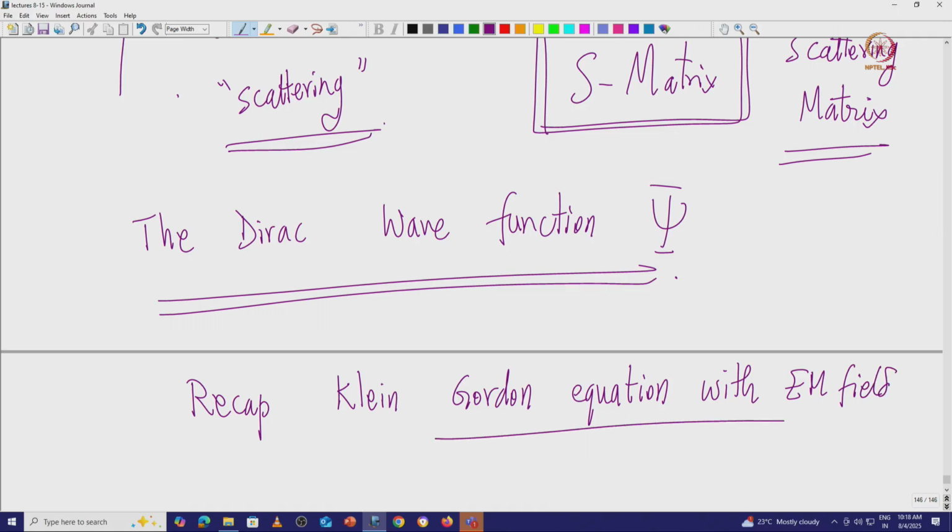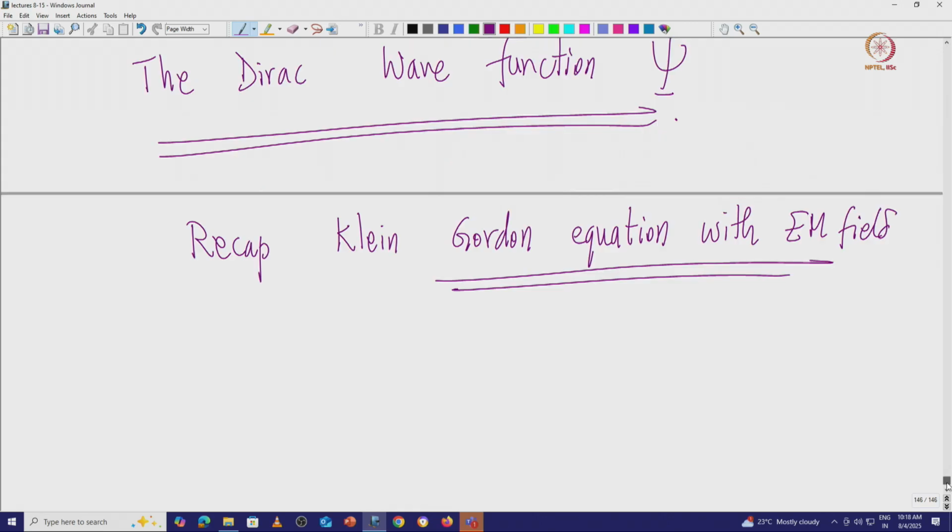In the presence of an electromagnetic field, what we wrote down for the Klein-Gordon field was that we introduced the minimal coupling: del mu goes to del mu plus i e A mu, where A mu is the vector potential of the electromagnetic field.